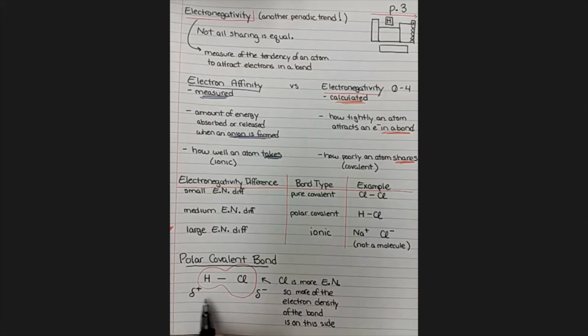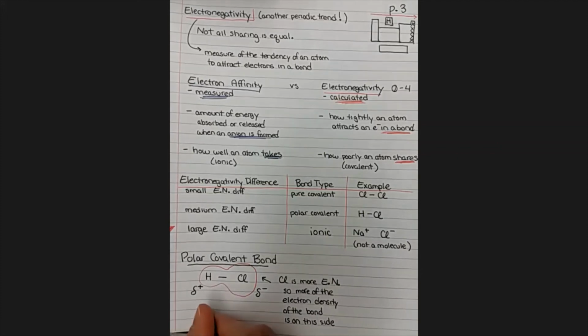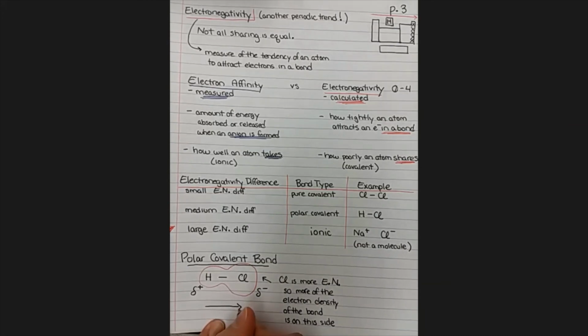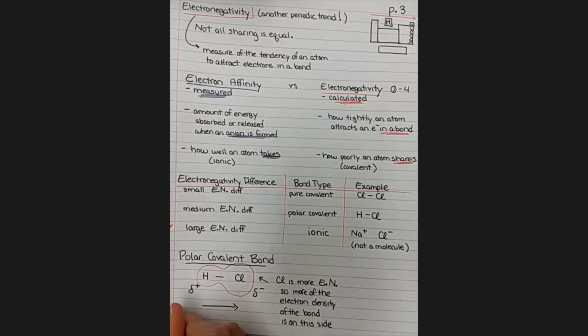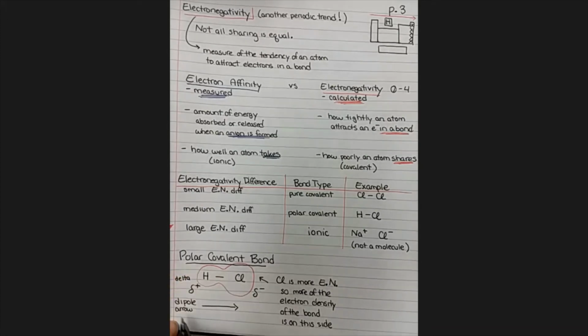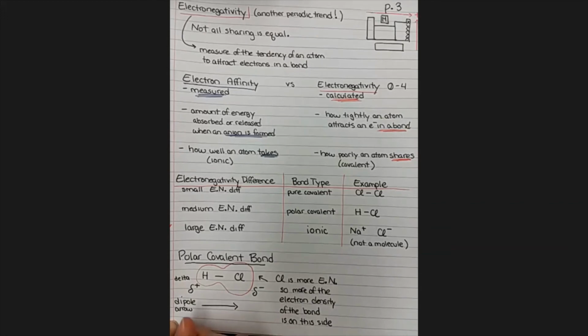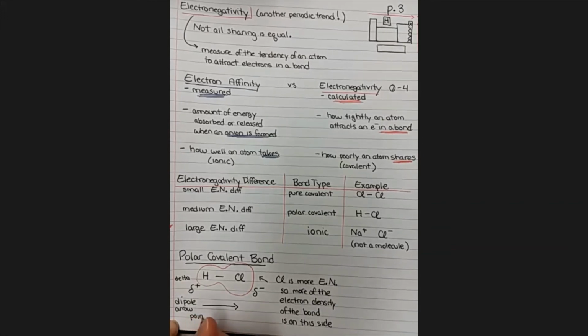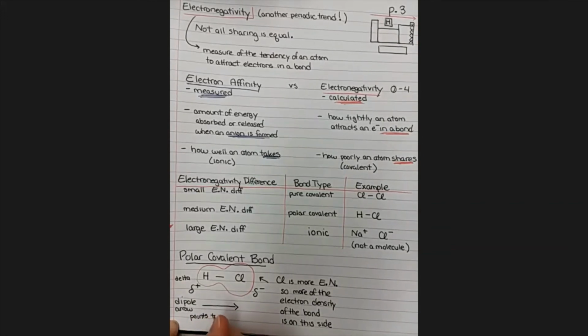Another way we indicate which side is the more electronegative side of this bond is we draw what's called a dipole arrow. Oh, and we'll write delta so you remember what letter that is. So this is called a dipole arrow, and the dipole arrow points toward the more electronegative atom in the bond.